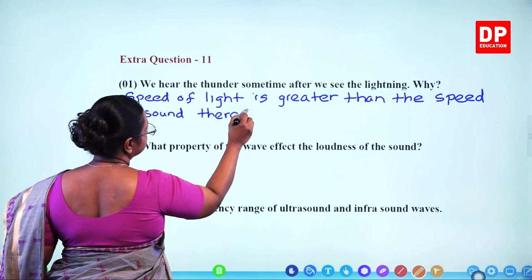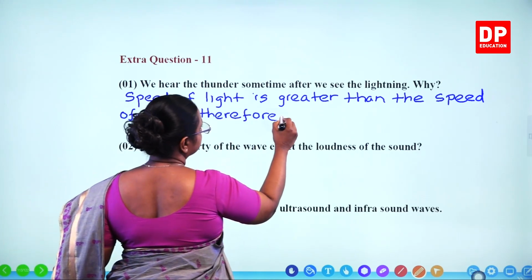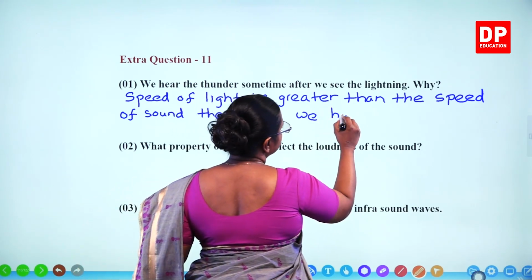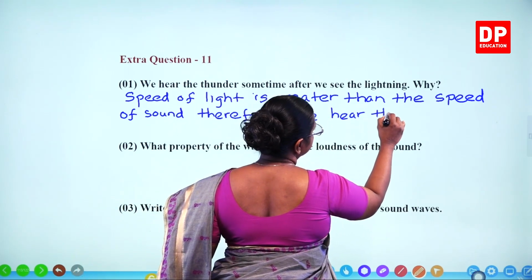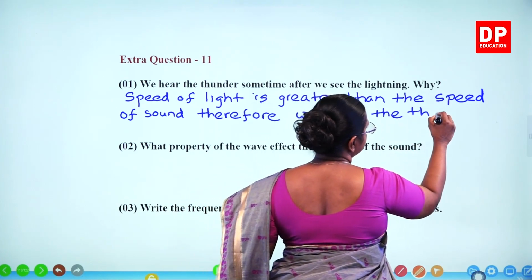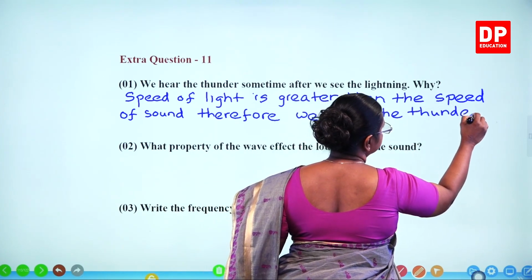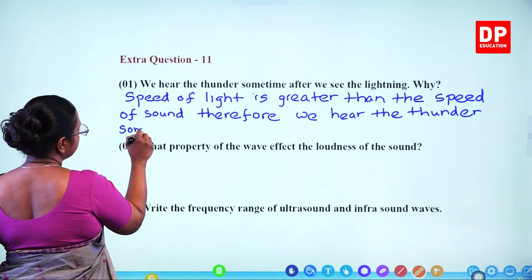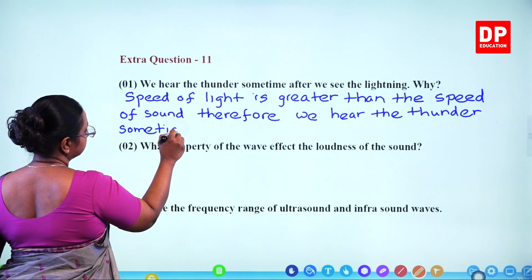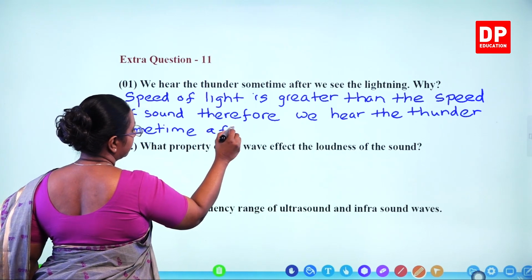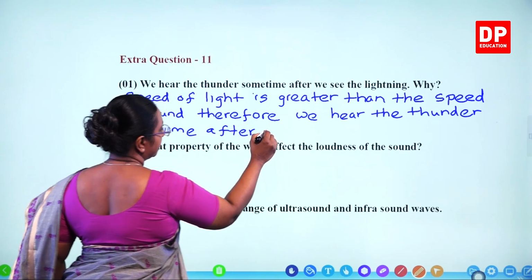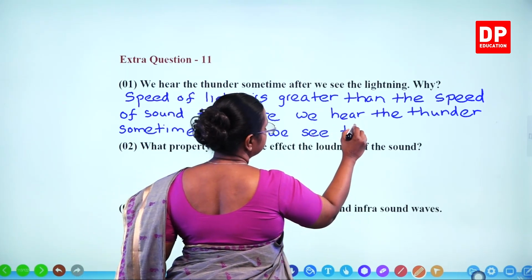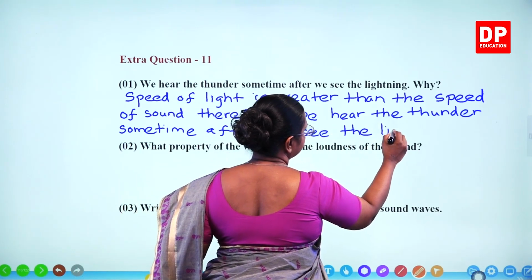Therefore, we hear the thunder sometime after we see the lightning.